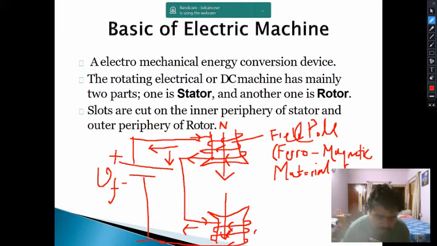It will attain south polarity. So you see, the field will start from north pole and enter into the south pole. So accordingly you should label them as north and south. So this is the field system of the machine.